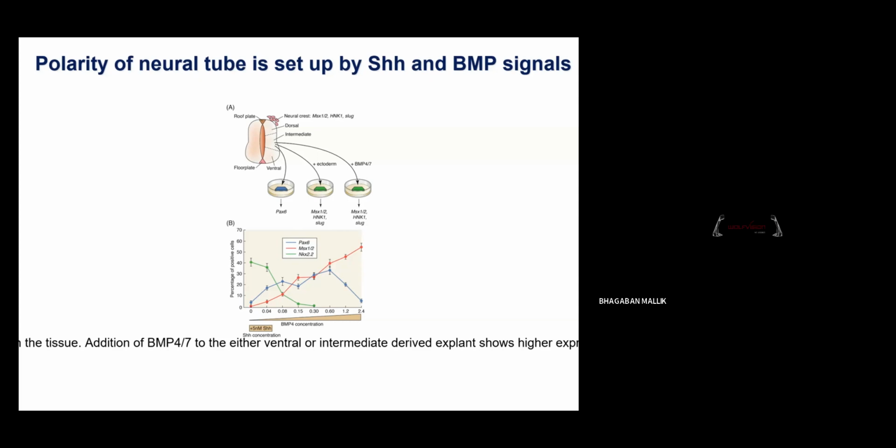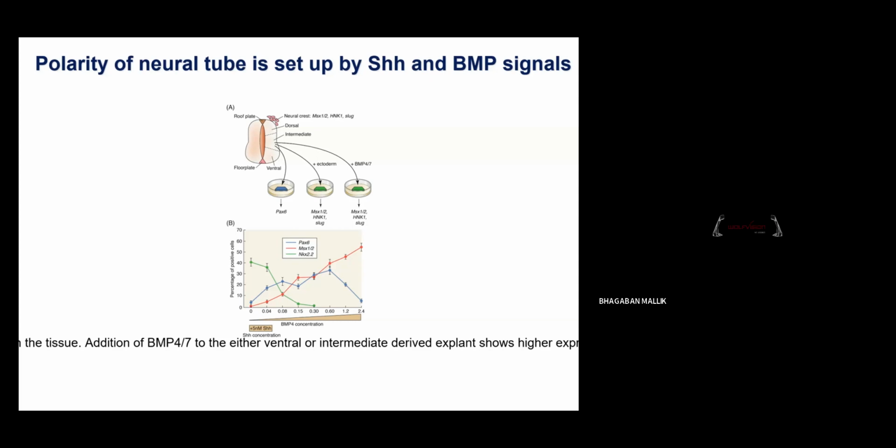So when they added increasing concentrations of BMP, you can see that NKX2.2 is down regulated because this is a ventral patterning gene. And this gene is up regulated because it is one of the genes required for dorsal development, either PAX6 or MSX1 or 2.